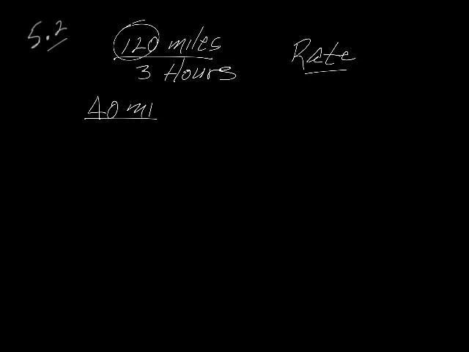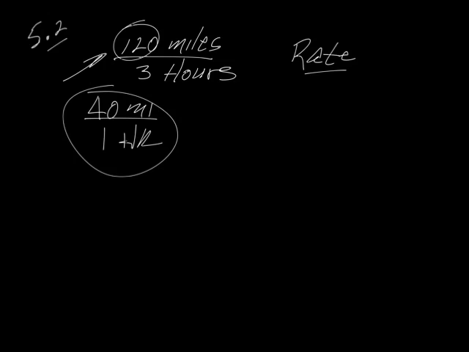And 3 divided by 3 is 1. So 40 miles per 1 hour, or 40 miles to 1 hour. So I can go 40 miles in 1 hour, or 40 miles per hour. And therefore, when I go 3 hours, I will have gone 120 miles. Or after I've gone 120 miles, it would have taken me 3 hours to do so.